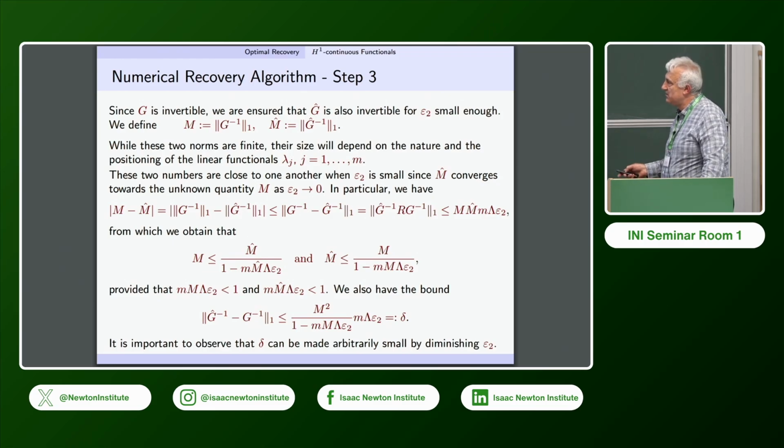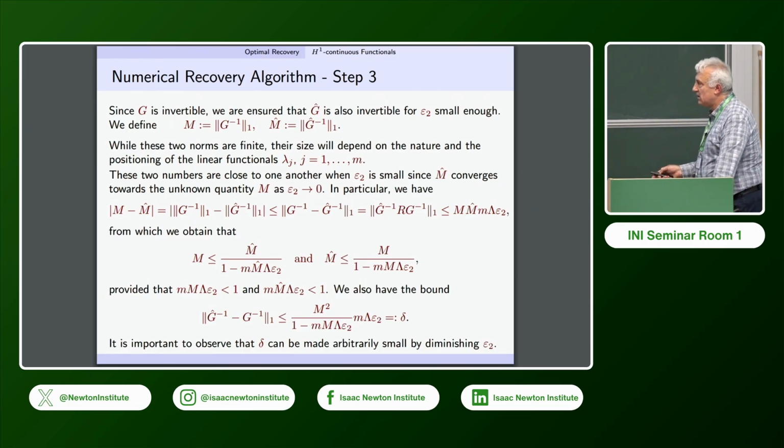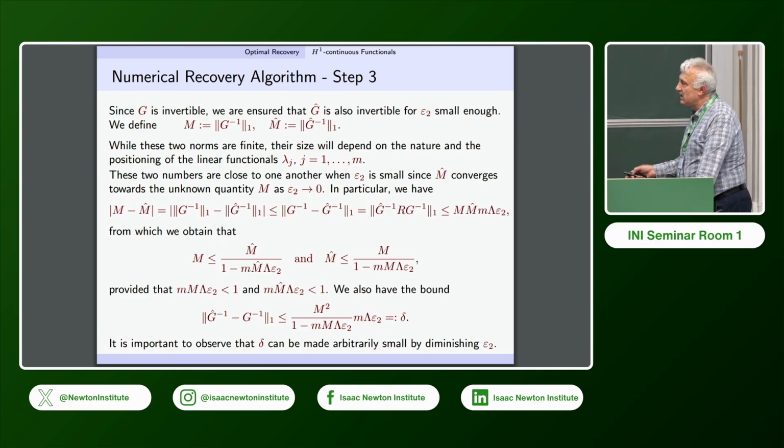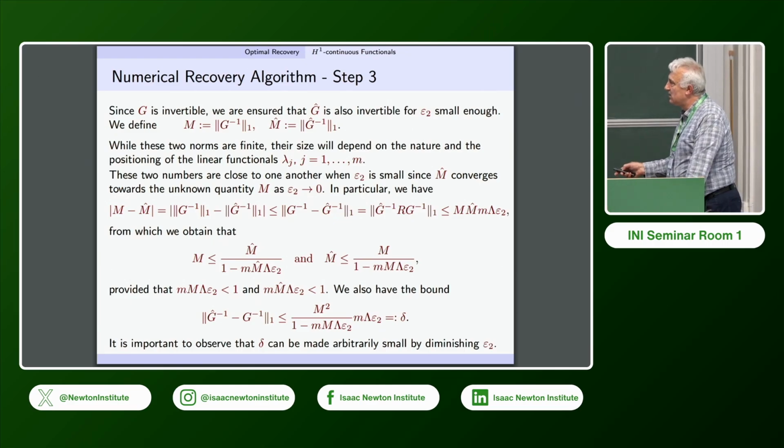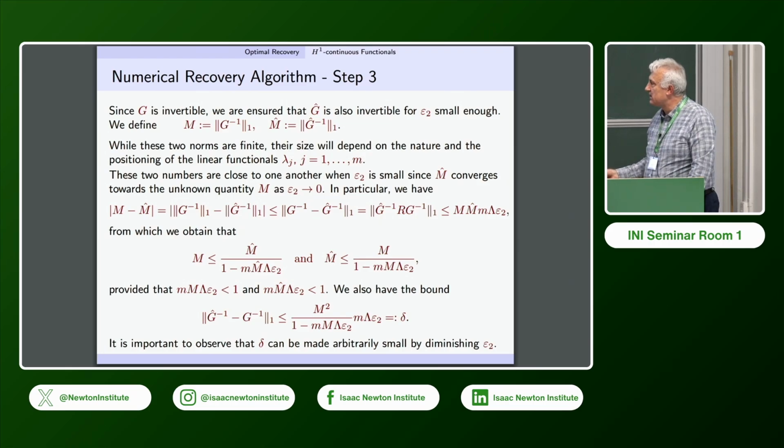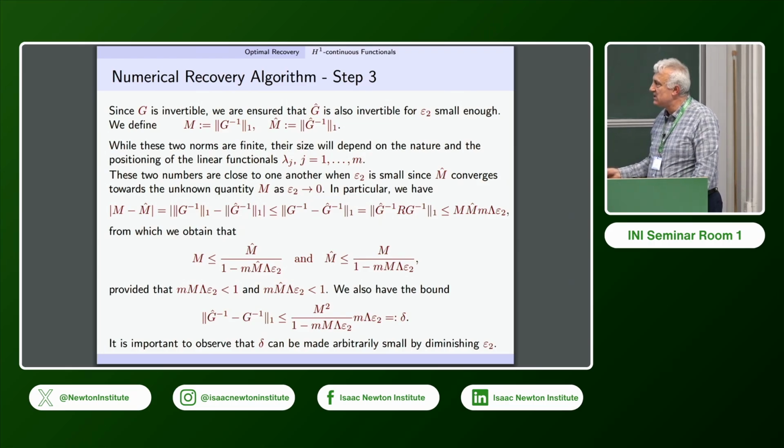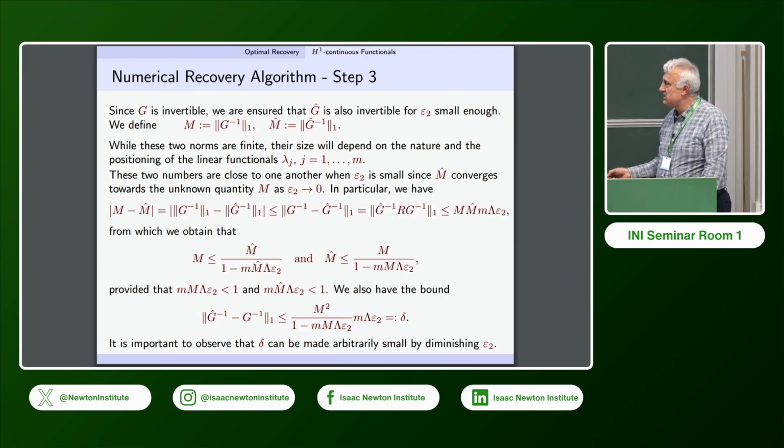We have some inequalities between these norms: the one for M involves M hat, and the one for M hat involves M, and of course the other parameters are the number of solutions, the lambda, and the epsilon 2.